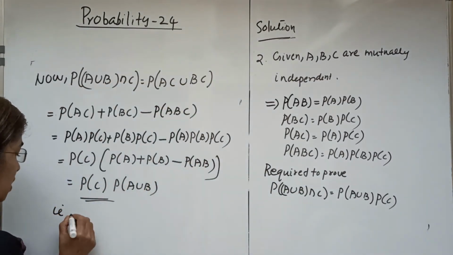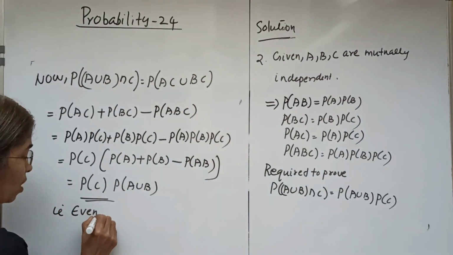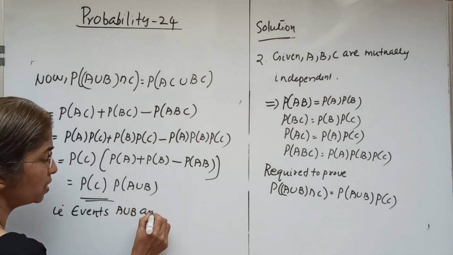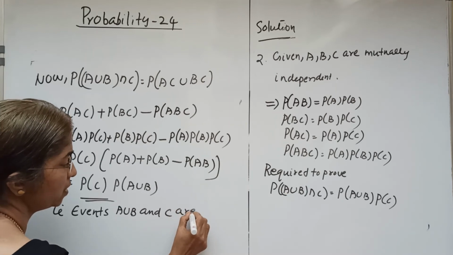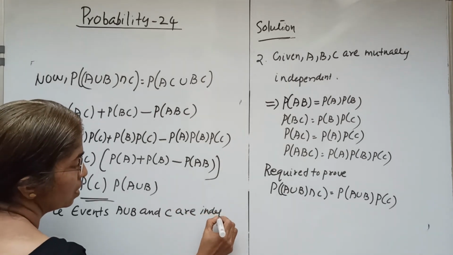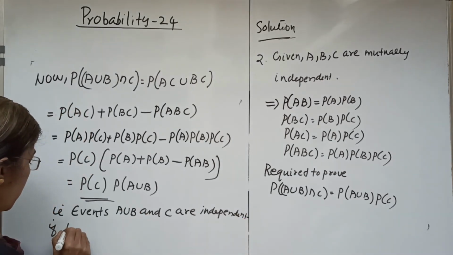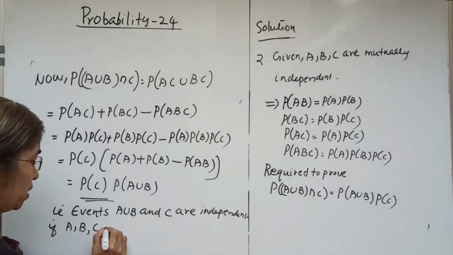That is, the events A union B and C are independent if A, B, C are mutually independent.